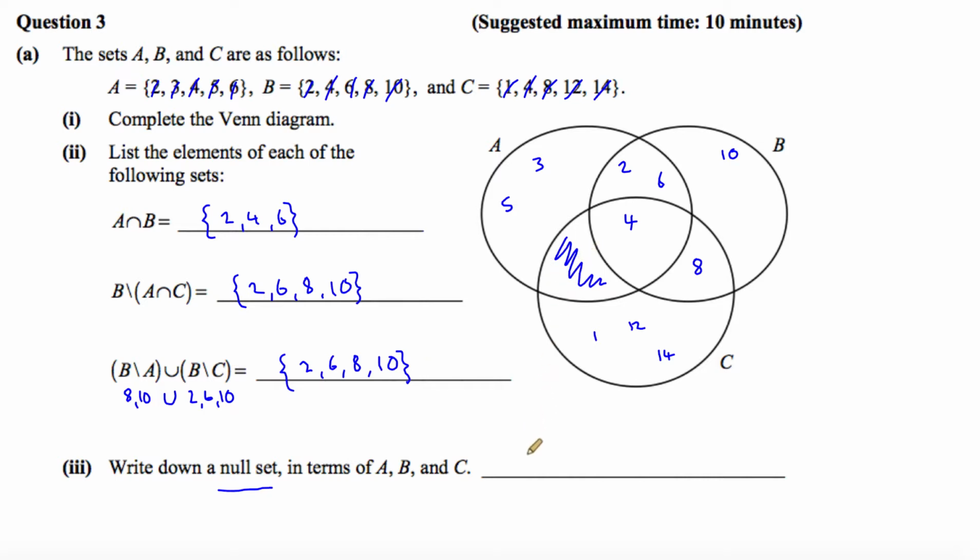So this would be A intersection C. A intersection C would be all of this region. So if we go A intersection C and then say it's that less B. Less B takes away the 4, leaving just this region here, which is what we're after. So that's one way to write it.